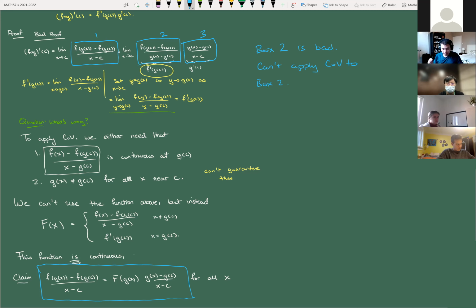So I want to replace box 2 with a new box 2, so this is box 1, this is the new 2, and this is the 3.